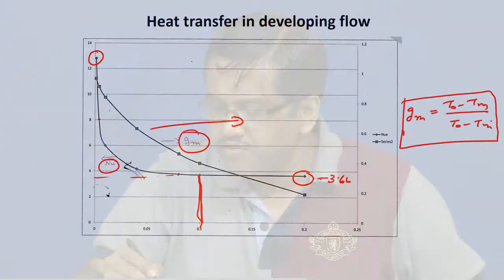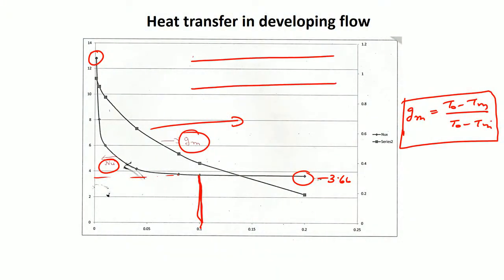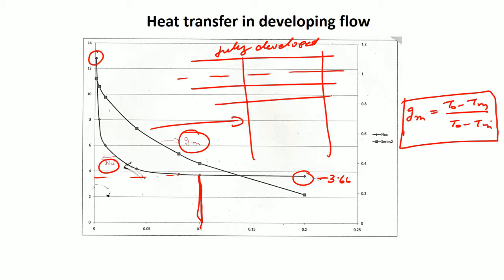If you recall the last time, I can show you that particular plot once again if you have forgotten about it. So, if you look at the plot for the fully developed regime, we saw that if this was the temperature profile, and this was T naught, then Tm continuously approaches it.